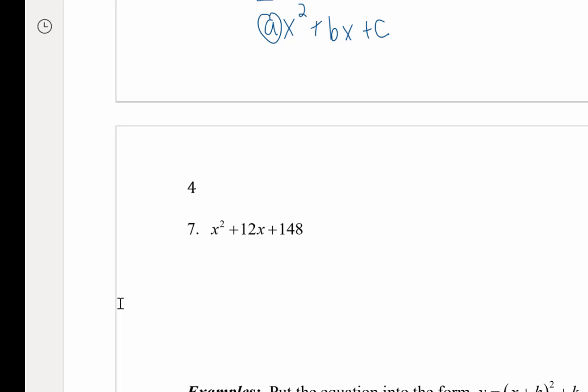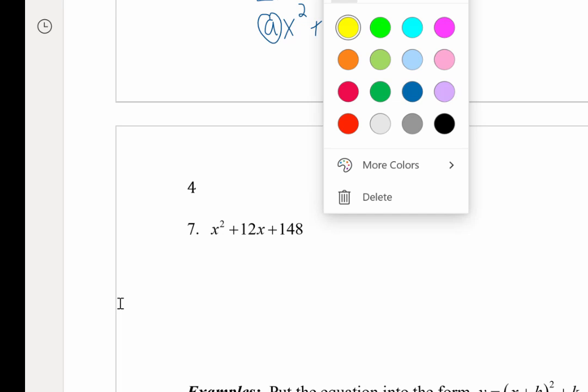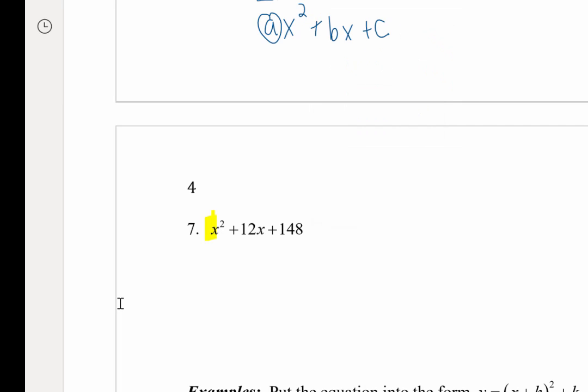X squared plus 12x plus 148. Okay. Again, same idea. We're going to look at the first 2 terms, and we're going to complete the square with the first 2 terms. So x squared plus 12x.